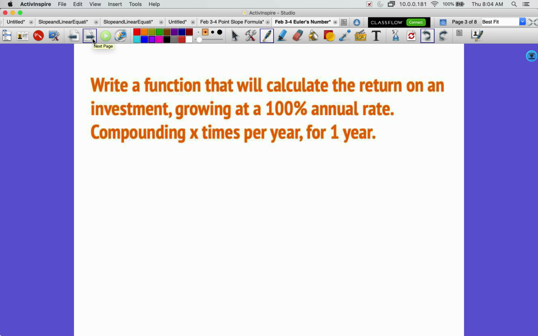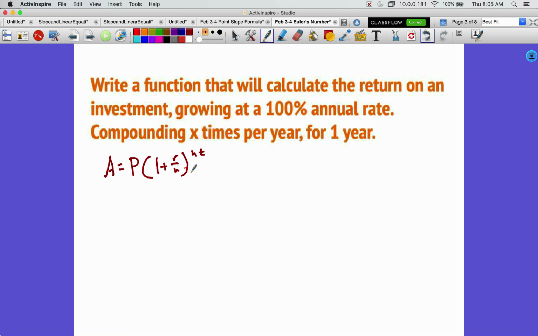Okay, so write a function that will calculate the return on investment growing at 100% annual rate compounded x times per year for 1 year. So I'm going to start with my final amount A equals P times 1 plus r over n to the power of nt. And I'm going to plug in the values that I have.